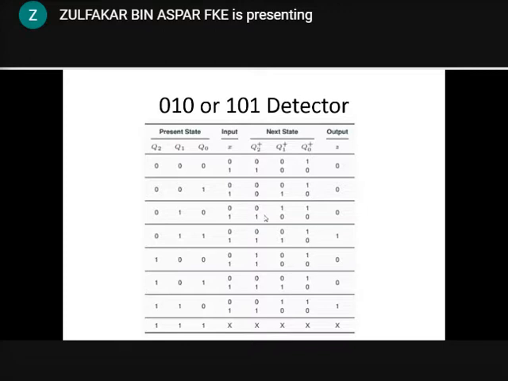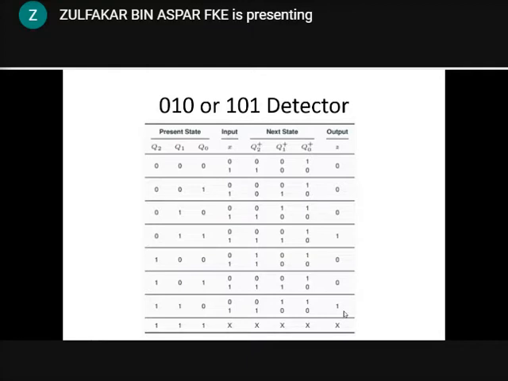You fill in one by one, and then you complete the output. Here, the output should be in 2 places, okay? At state 011 and state 110.